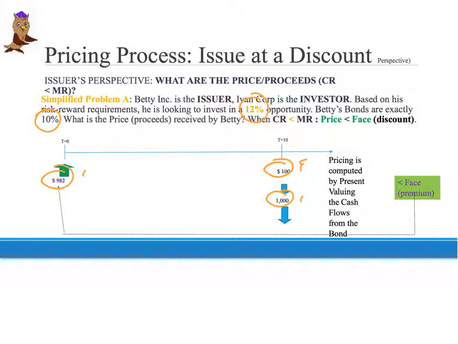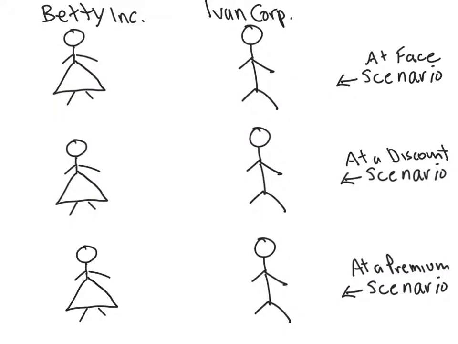And that differential of $18 is really an additional interest expense to the issuer, because they are only borrowing $982, yet they're giving back to the investor the full $1,000. So the differential becomes more interest expense for the issuer, and on the other side, it becomes more interest revenue to the investor. Their yield on these bonds goes from 10% up to 12%. And so here is my rendition of the three scenarios we just talked about.